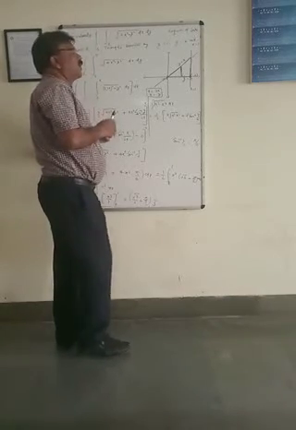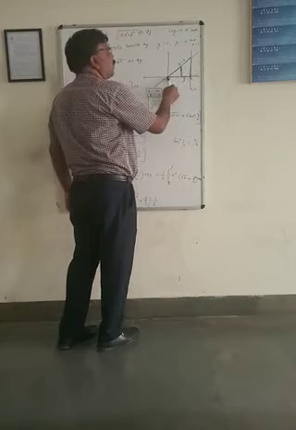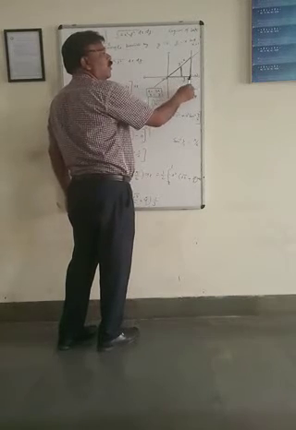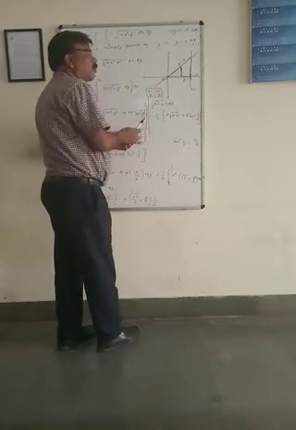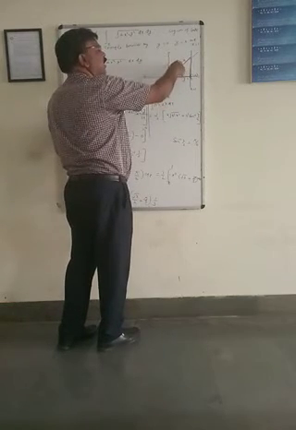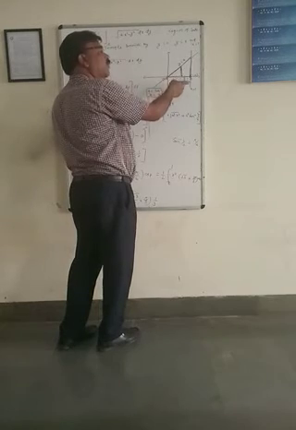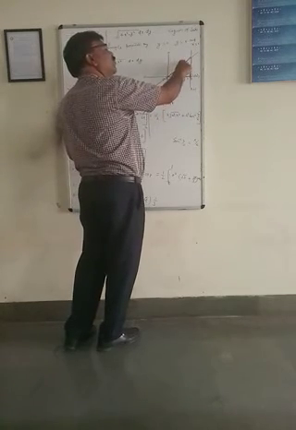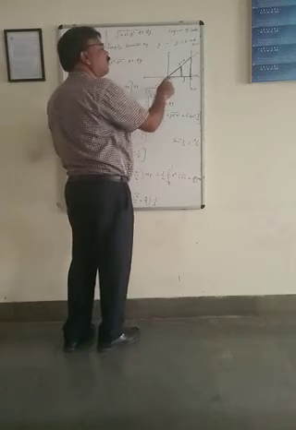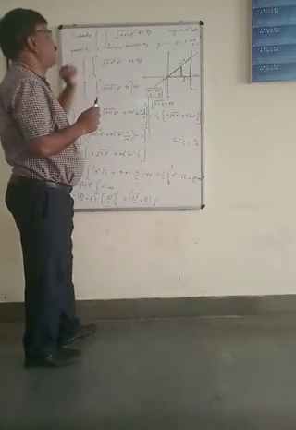In order to get the limit of x, x varies from 0 to 1. Minimum of x is 0 and maximum is 1. Now taking a strip parallel to the y-axis, the foot of the strip is on y is equal to 0 and the vertex of the strip is on y is equal to x. So the limit of y is 0 to x, putting the limit in.